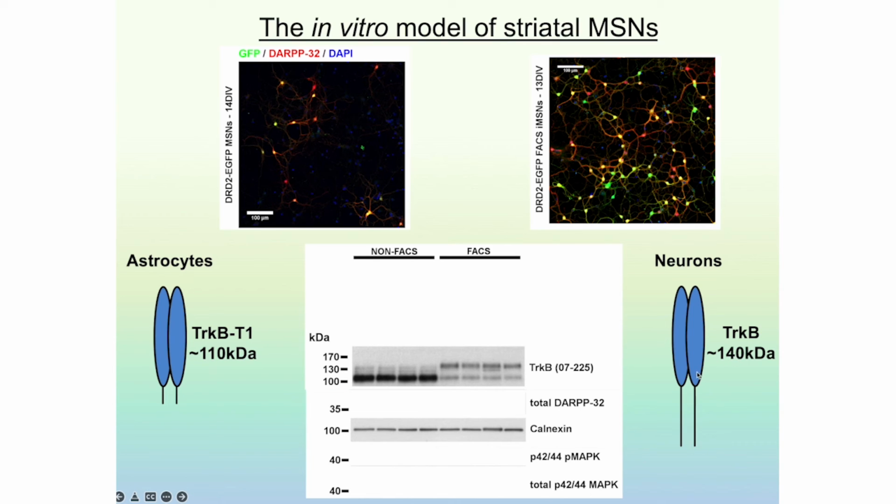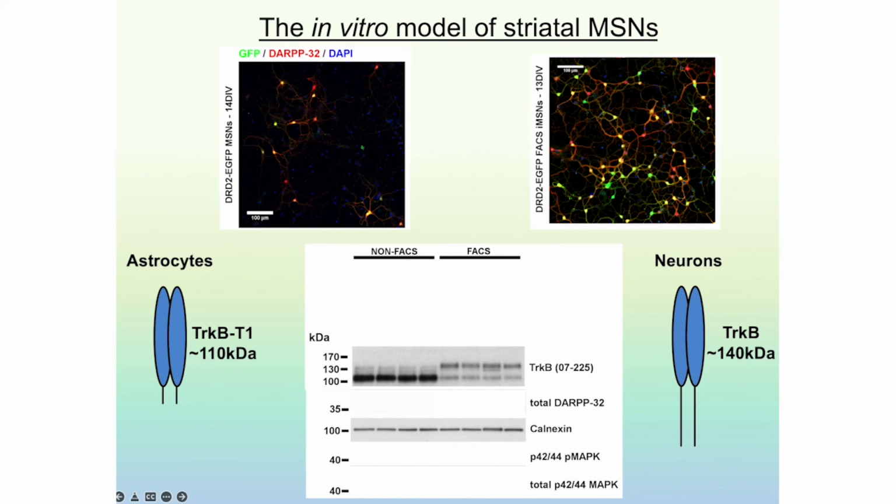After FACS sorting, that looks a bit different. We significantly decrease the amount of the truncated TrkB receptor and increase the amount of full-length TrkB by increasing the amount of striatal medium spiny neurons.